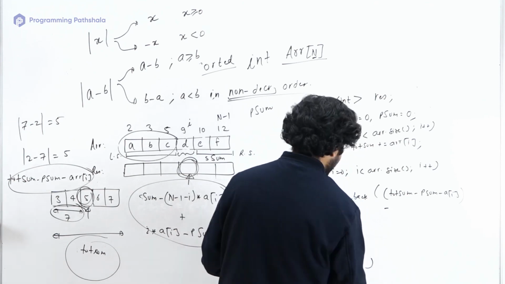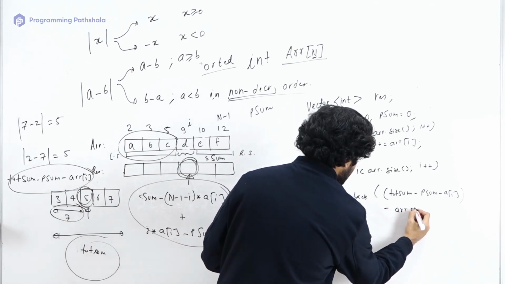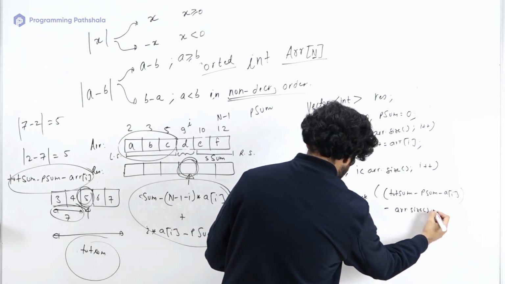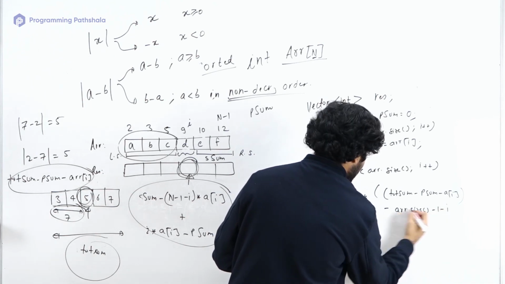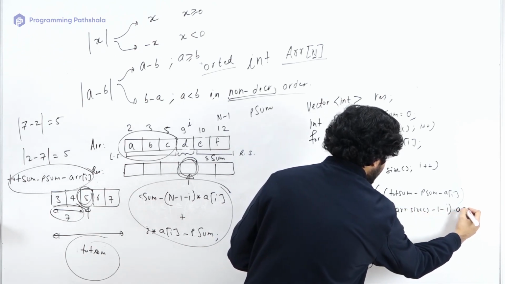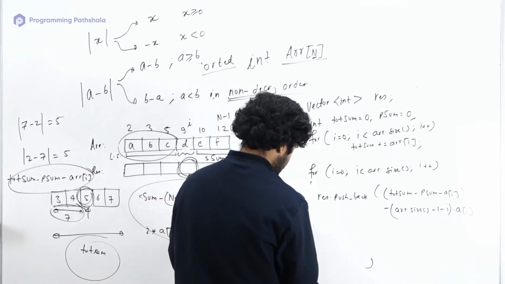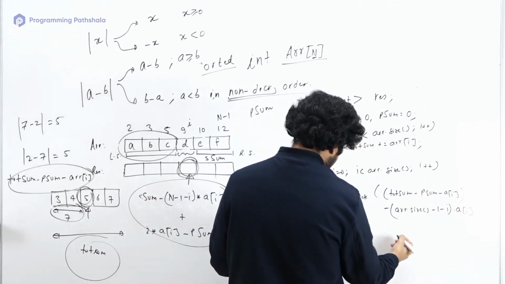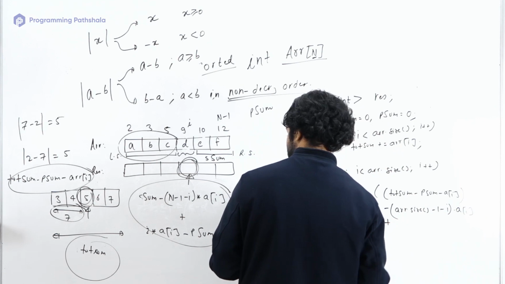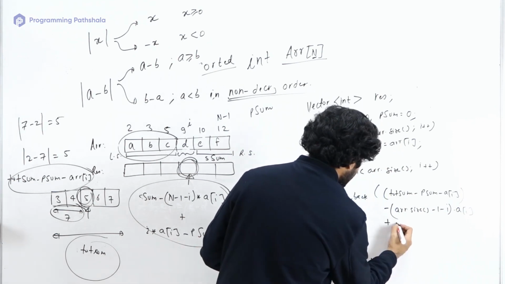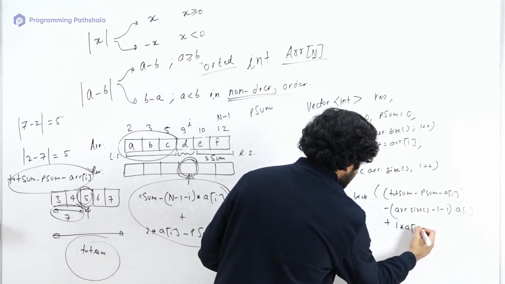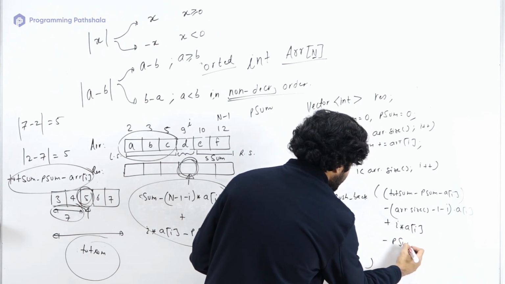What is your n? Your n is equal to array.size() minus 1 minus i, multiplied by a[i]. Okay, a[i] is like your array[i], and plus i into array[i] minus prefix sum.